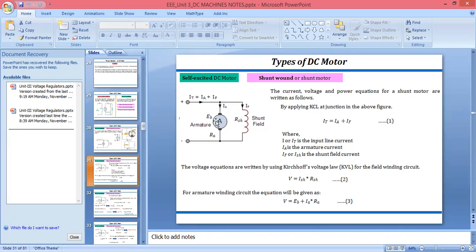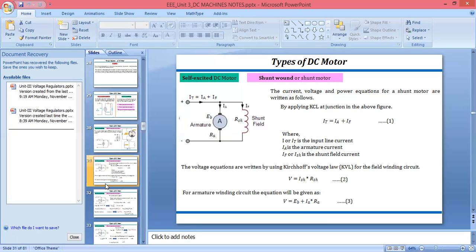In electrical language, EMF, voltage, power supply, voltage drop, all have the same unit and the same meaning. So we can take the voltage which appears across this DC motor or across this armature as EB. So I can take EB plus what is flowing through this. We can write ISH into RSH, or you can write IA into RA. I can take here IA into RA.